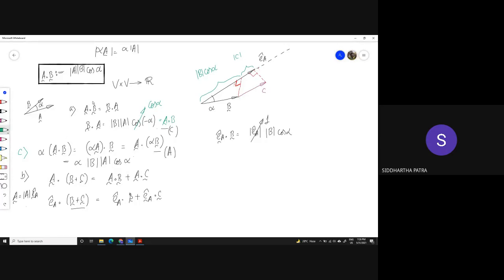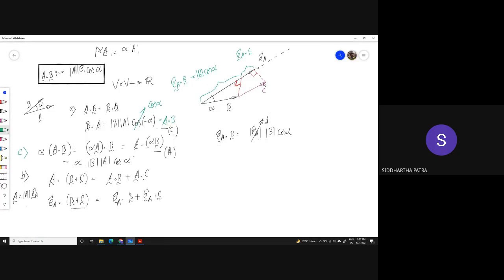Since this quantity is EA dot B, this quantity right here is EA dot C. Every time you project the two ends, since this one is a unit vector, this quantity is 1, and this part is the magnitude of the vector times the cosine of whatever the angle is.